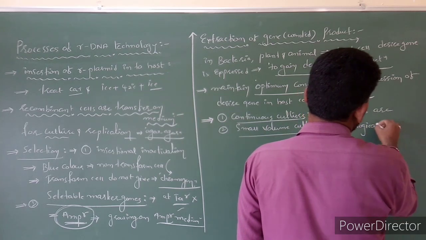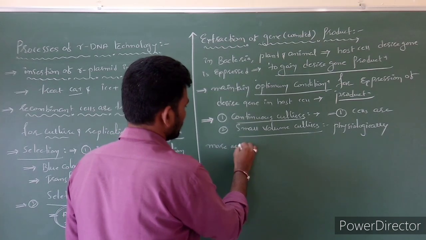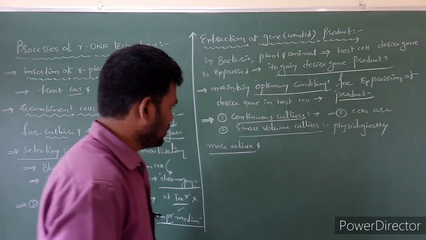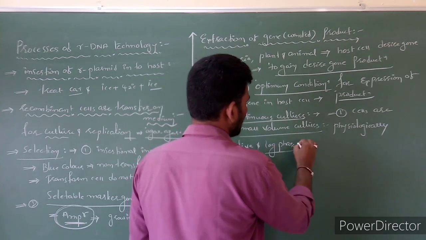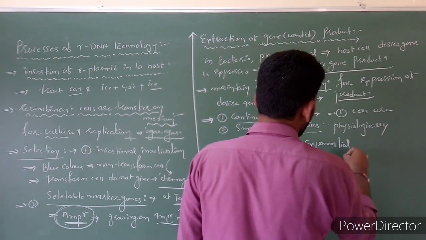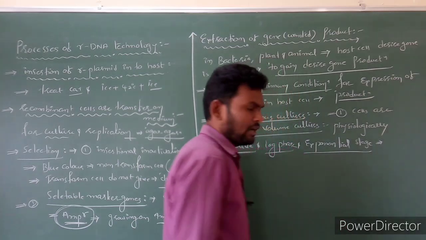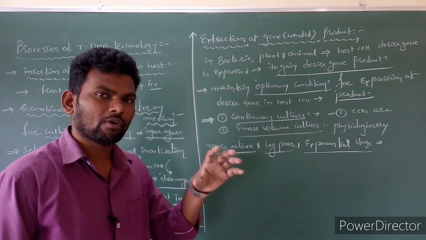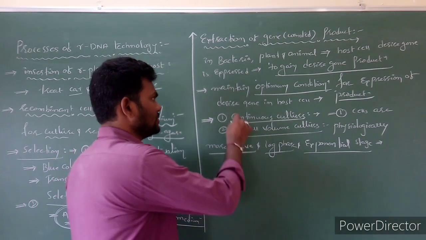So here in this continuous culture the cells are physiologically more active. Cells are more active. So active means in which phase? Log phase, nothing but the exponential stage. So further the cells rapidly divide and a huge amount of cells are formed. A huge amount of cells means a huge amount of gene product we are going to gain by this continuous culture.